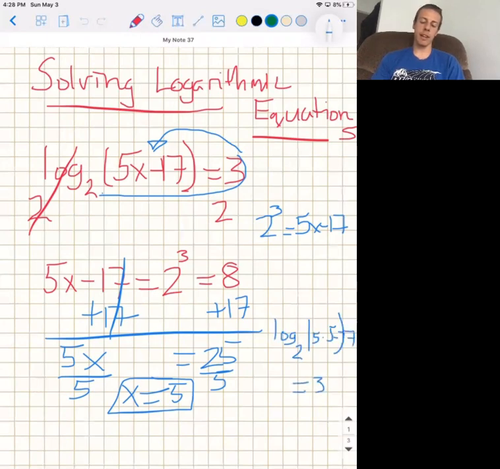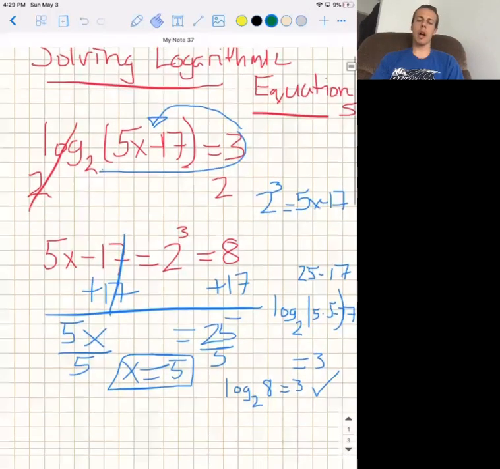Well, 5 times 5 is 25 minus 17, so does log base 2 of 8 equal 3? If you plug that in a calculator, it does. So our answer works.